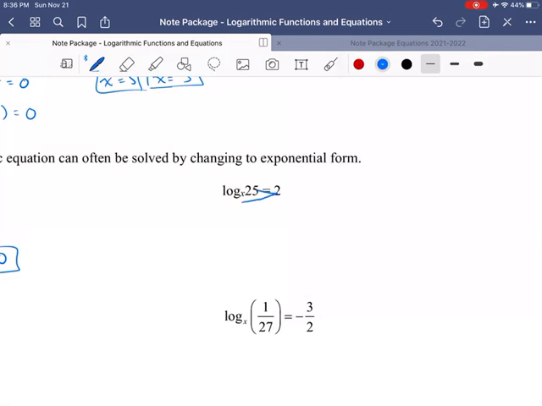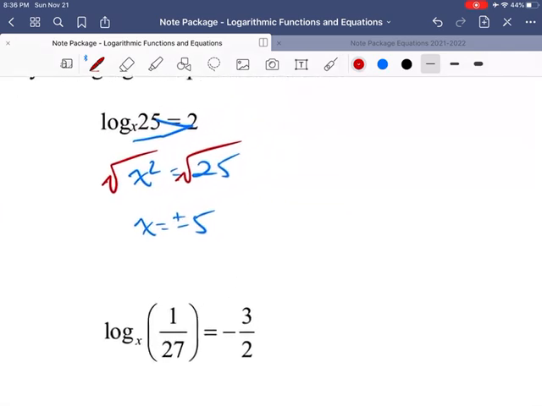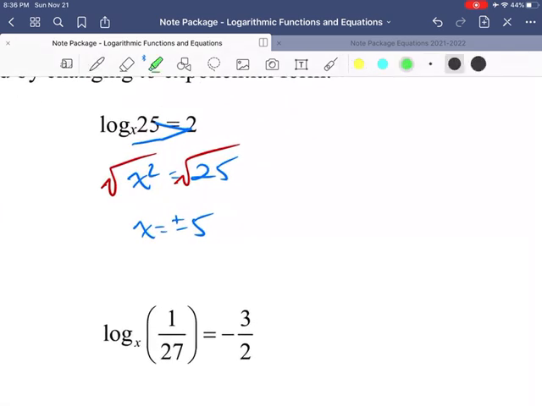Now, x squared equals 25. Well, x must equal plus or minus 5 if you take the root. However, if x is equal to negative 5, we can't have this negative 5 here.